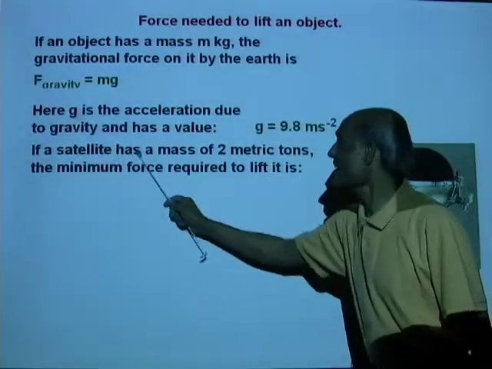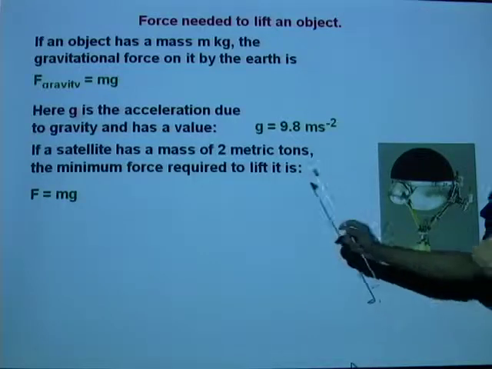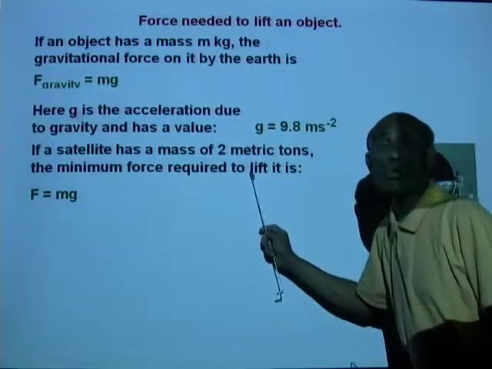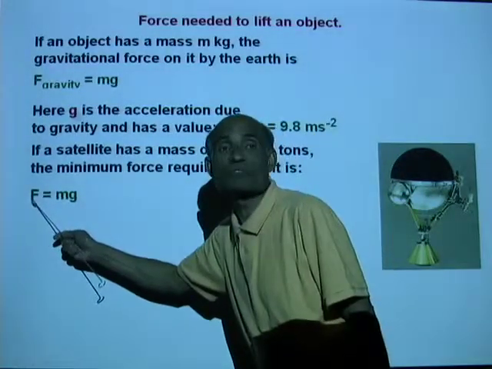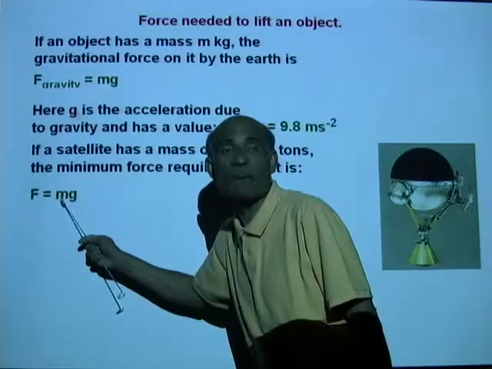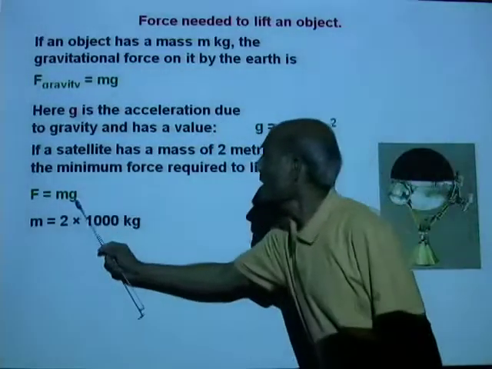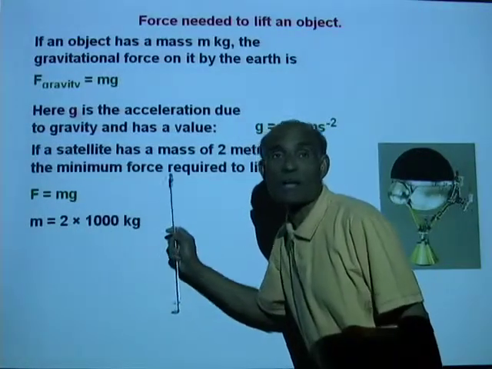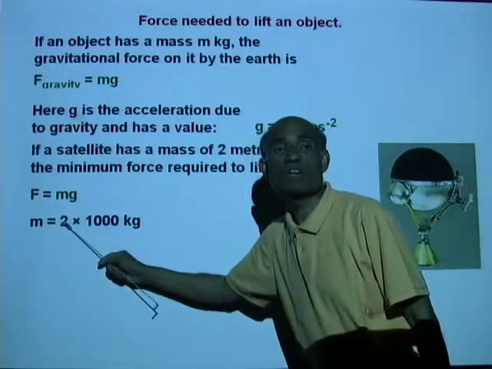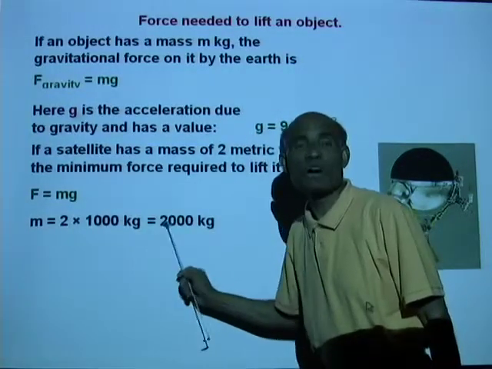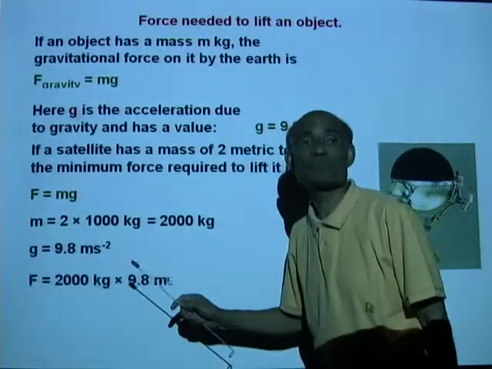So, if a satellite has a mass of 2 metric tons, then the minimum force required to lift it is its weight, mg. That m is 2 metric tons. A metric ton is 1,000 kilograms, so 2 metric tons is 2,000 kilograms, and g equals 9.8 meters per second squared.